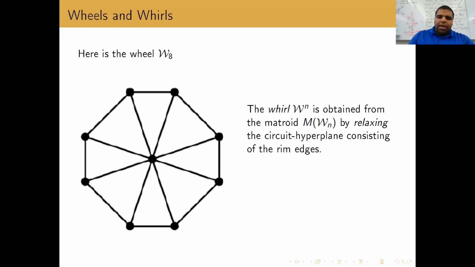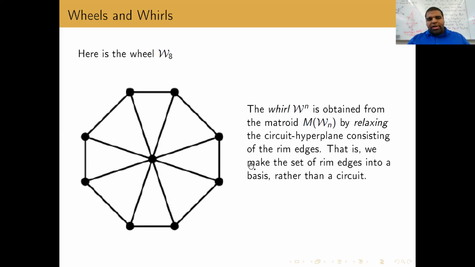But a whirl is obtained from a wheel by relaxing the circuit hyperplane consisting of these rim edges. These rim edges form a circuit, a single cycle, but also a hyperplane, because it's a maximal set of rank less than the rank of the matroid.